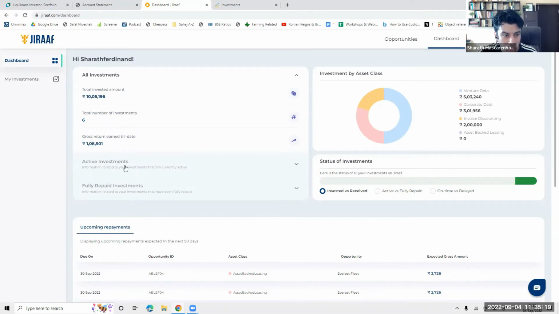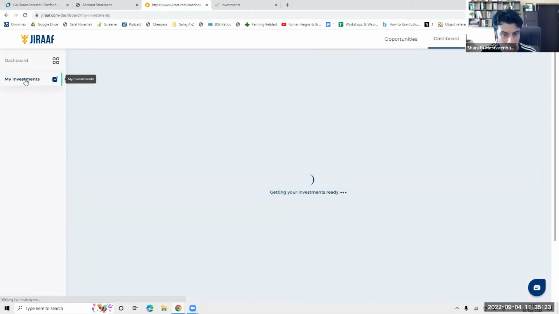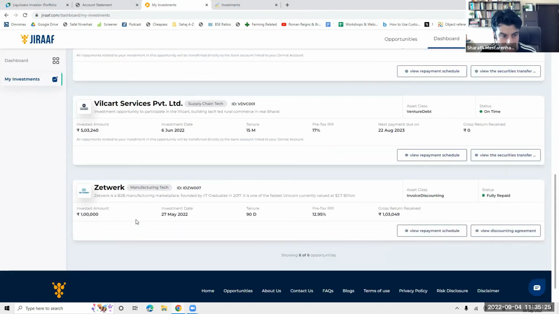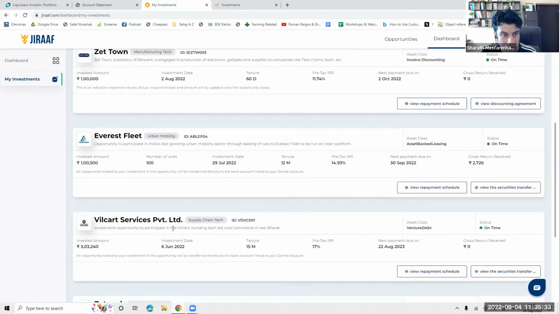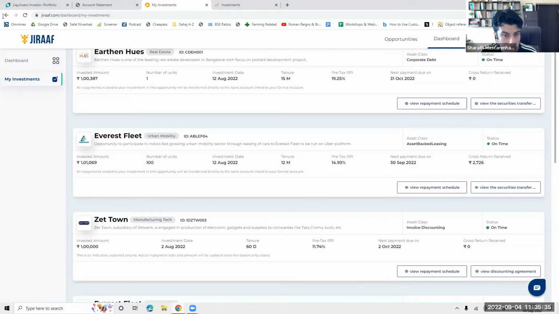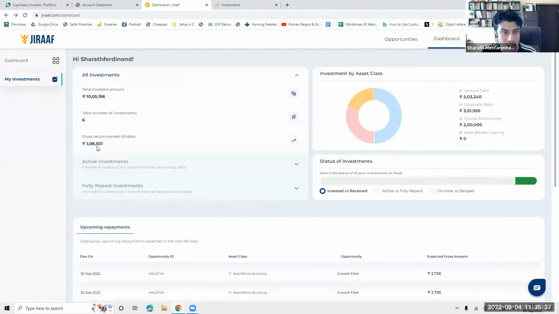I need you all to know each of my investments that was invested. So if I go to investments out here, as you can see, my very first investment was on the 27th of May. And in spite of that, gross returns earned so far is 1,08,000 rupees.